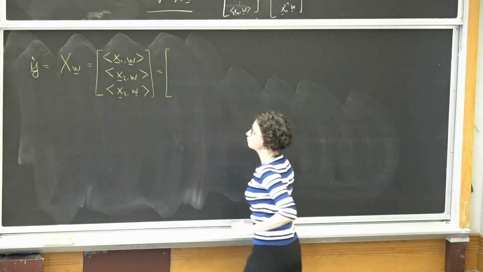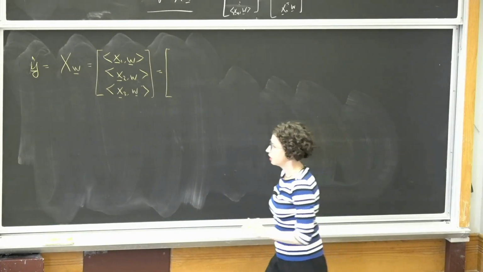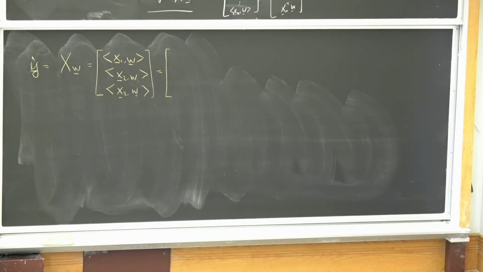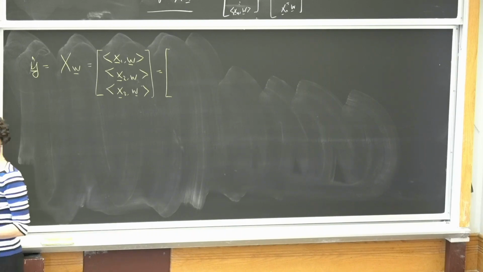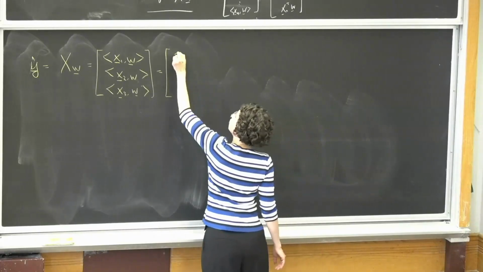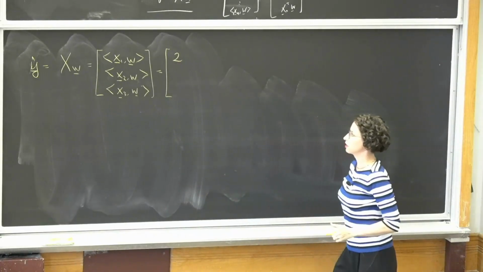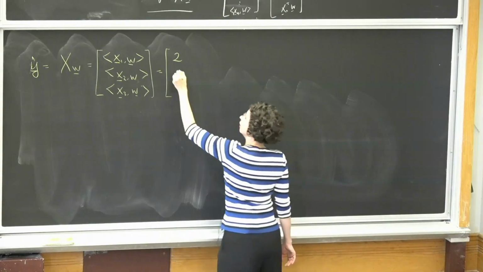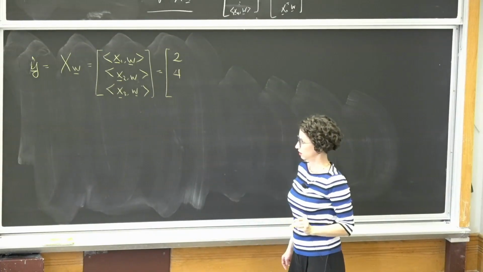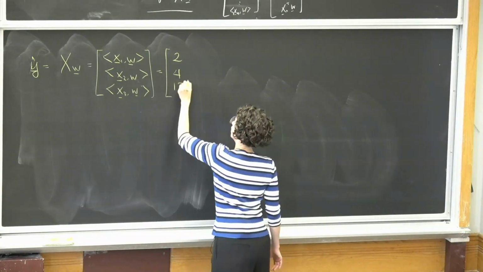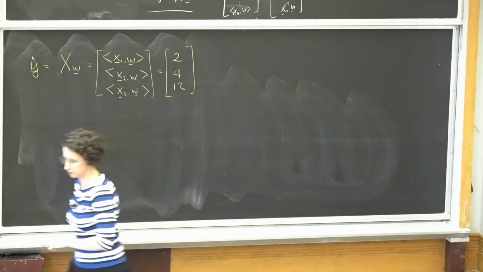Okay, so for the first entry, we're taking the inner product of this weight vector with this feature vector, which is just the weighted sums of the entries. And what do we get? 2. And what do we get when we do the inner product of the second feature vector with W? 4. And what about the final one? 12. Yes. Excellent.